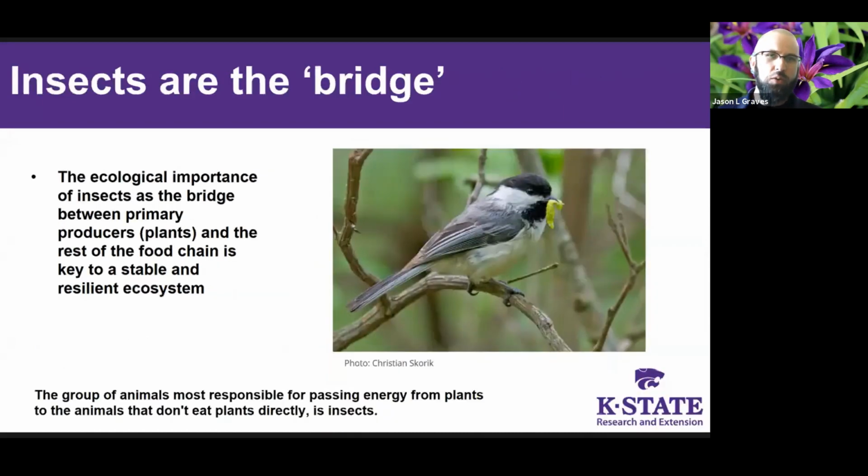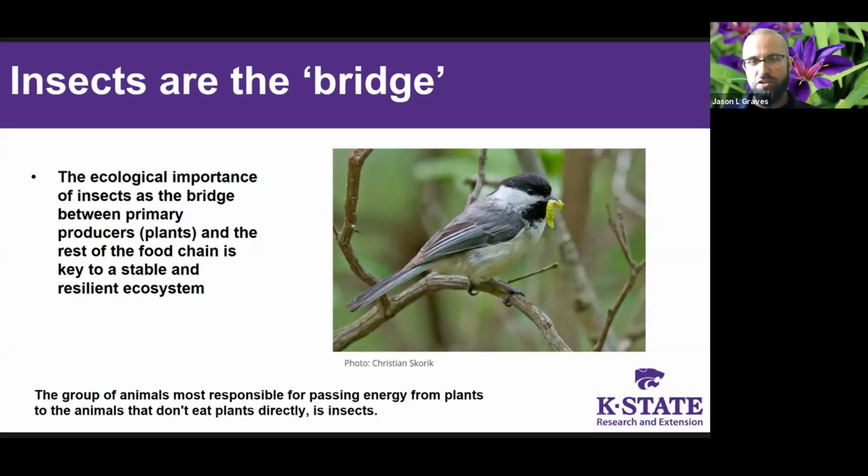And so we call them the bridge, or, you may have heard that description before, but the ecological importance of insects as that bridge between the plants and the rest of the food chain is a very key part of a stable and resilient ecosystem. When we talk about insects, we're talking about a group of animals that is most responsible for passing energy from plants to the animals that don't eat plants directly.